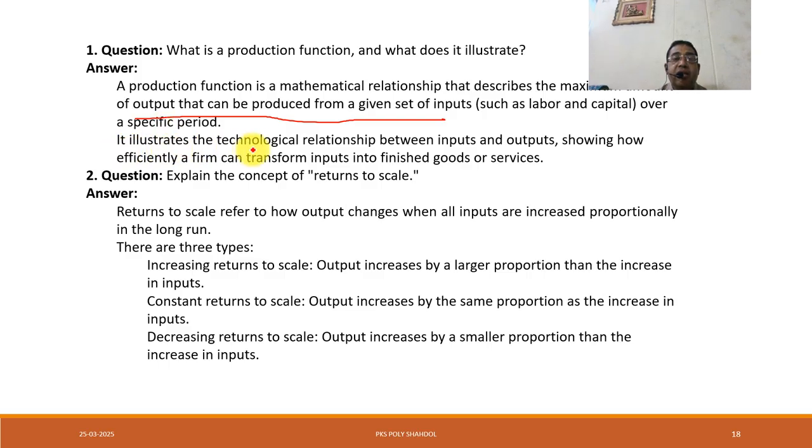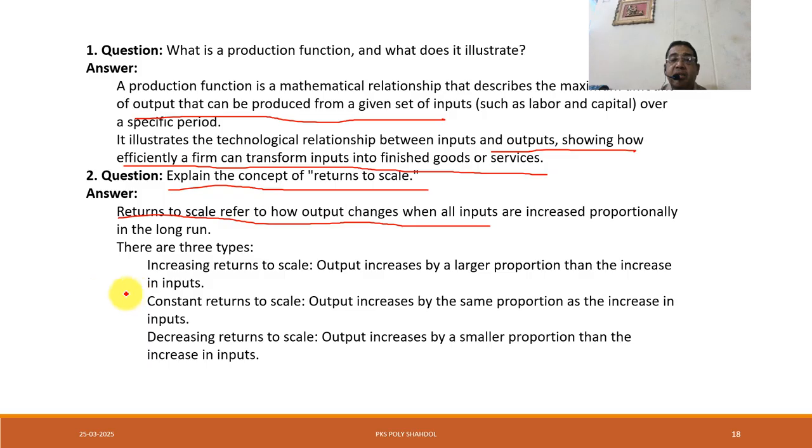It illustrates the technological relationship between input and output, showing how efficiently a firm can transform input into finished goods or services. Second question says, explain the concept of returns to scale. Returns to scale refers to how output changes when all inputs are increased proportionally. So these are the three types, we have already discussed it, and you can see here.